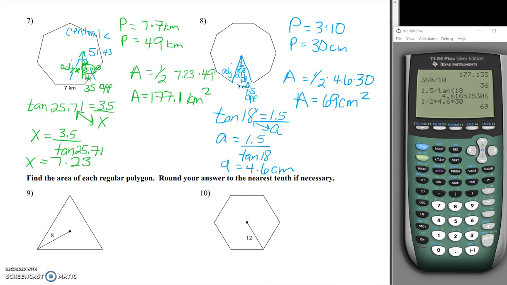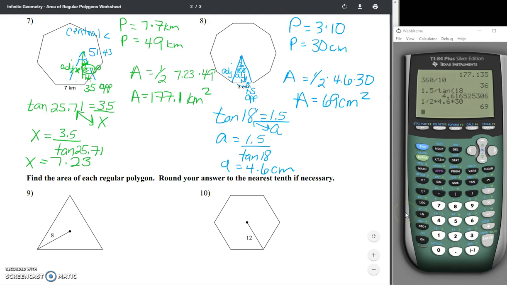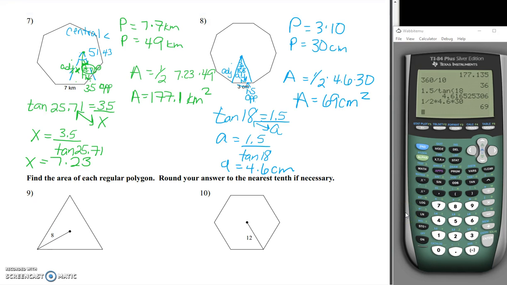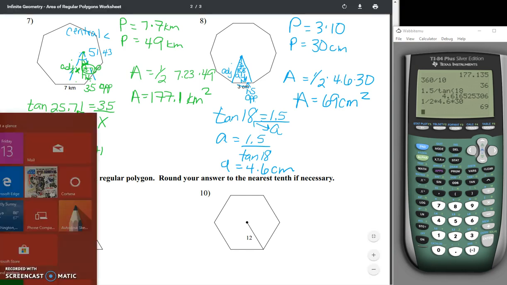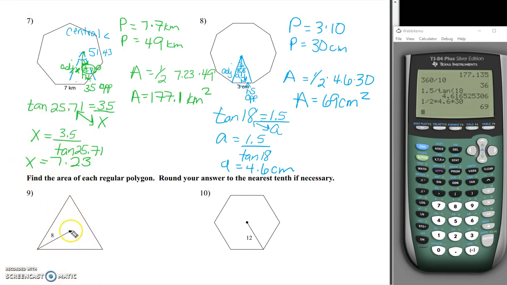Okay, this time in number 9, we're not given a side length and we're not given the apothem. We're given a radius. From the center to the vertex is a radius. So again, I'm going to go to my calculator because I'm going to figure out what this degree measure is here. There's my apothem.